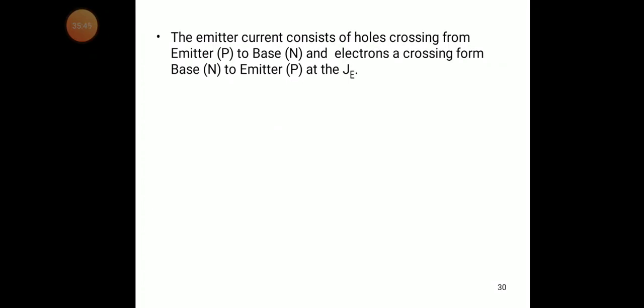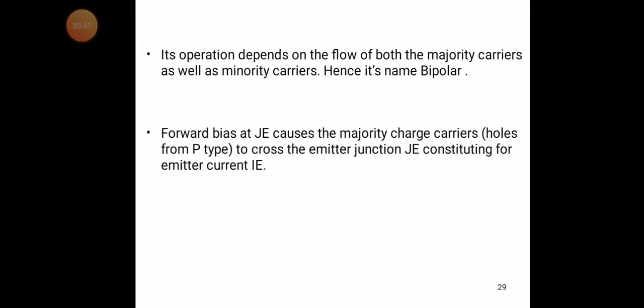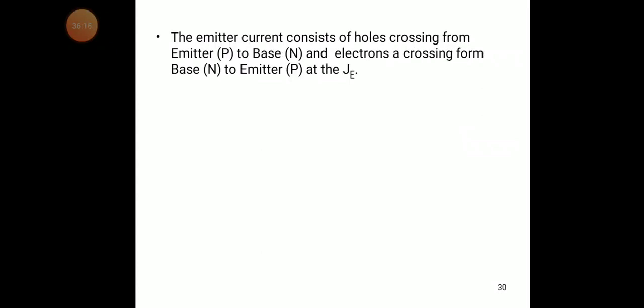Forward bias at the emitter junction causes the majority charge carriers, that is the holes from P type, to cross the emitter junction, constituting the emitter current IE.